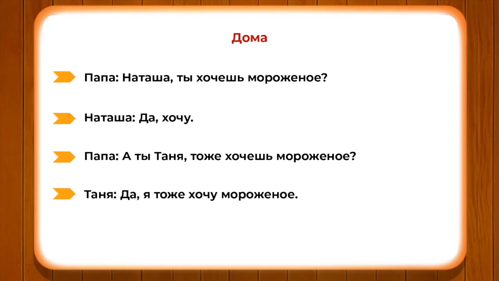So, here you have seen the construction. So, we have the father asking Natasha first, then Natasha is replying, yes, I want. Then the father is asking Tanya about whether she would like to have ice cream. Then Tanya is also answering, yes, she would also want. So, these kind of construction you can also make. It hardly have 3 to 4 sentences, but it is very useful as far as the information is concerned.